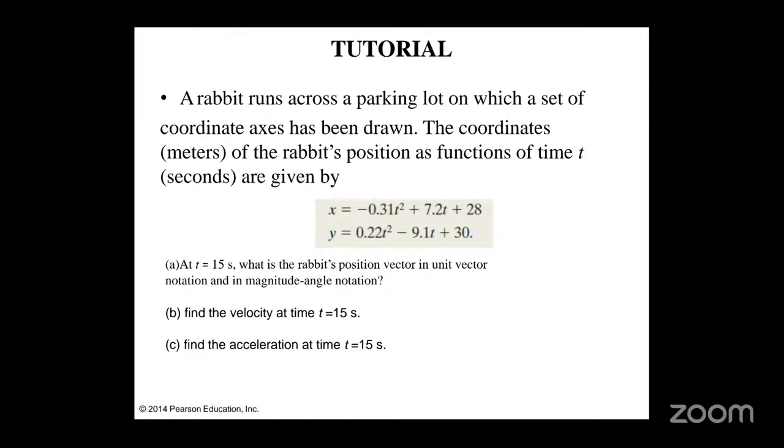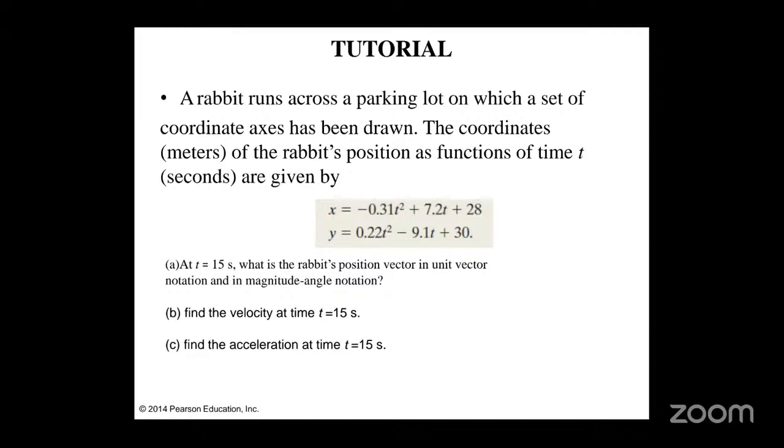But in this case, it is going to be IJ only because we have only X and Y coordinates. There is no Z coordinate. So X will give I, Y will give J.